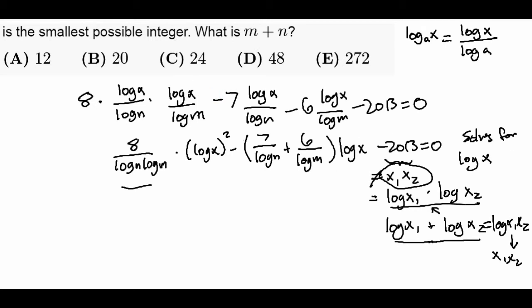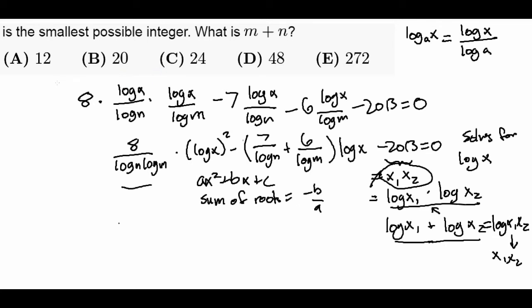So we should find the sum of the roots of this equation, since this equation solves for log x. And the sum, based on Vieta's formula, if you know ax squared plus bx plus c, well, the sum of roots equals negative b over a.